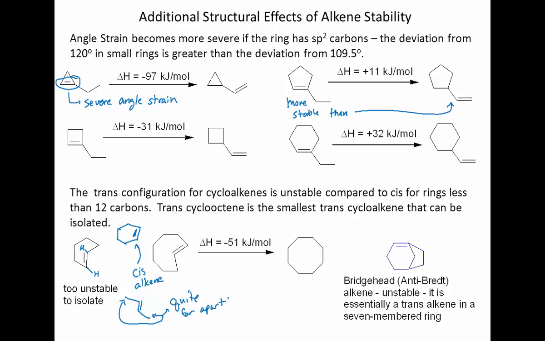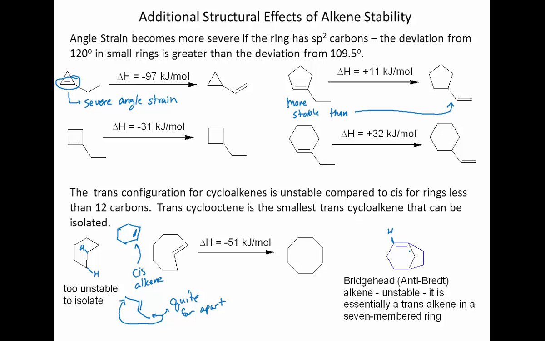When we have a bicyclic system, like you see in this compound right here, it's very difficult to isolate these when the double bond is at the bridgehead. We call this type of alkene an anti-Bredt olefin or an anti-Bredt alkene. This particular alkene, if we count here, is basically like a trans alkene in a 7-membered ring.